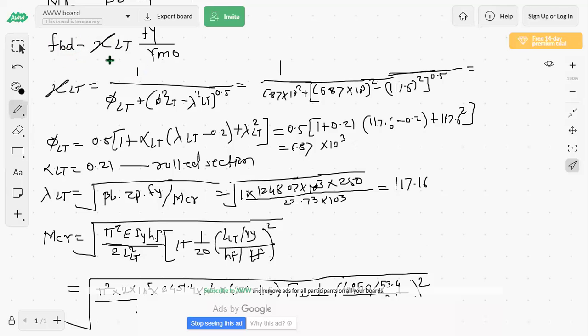And while calculating FBD, we have to calculate the zeta LT, phi LT. Okay. So now tell me the zeta LT. Here I have written the formula: 1 divided by phi LT plus the square root of phi LT square minus lambda LT square.